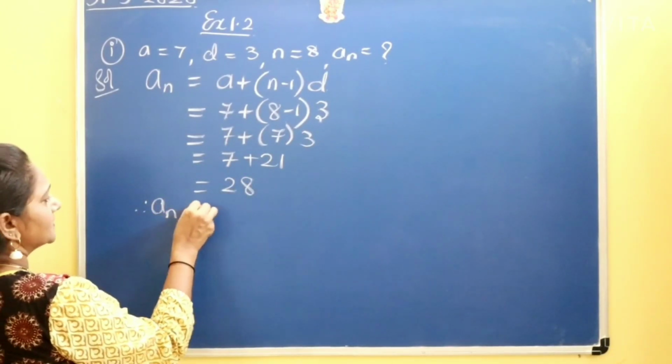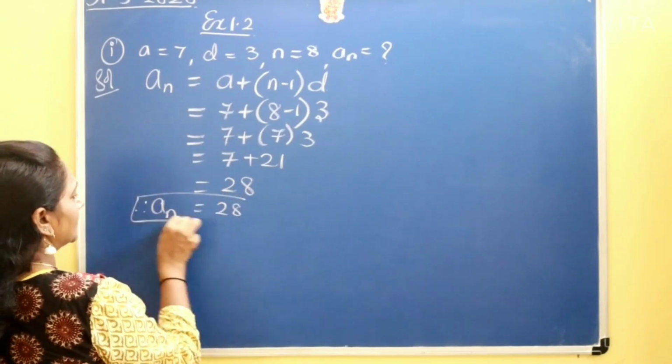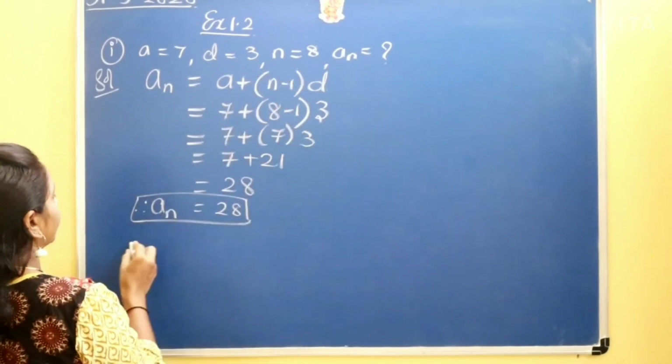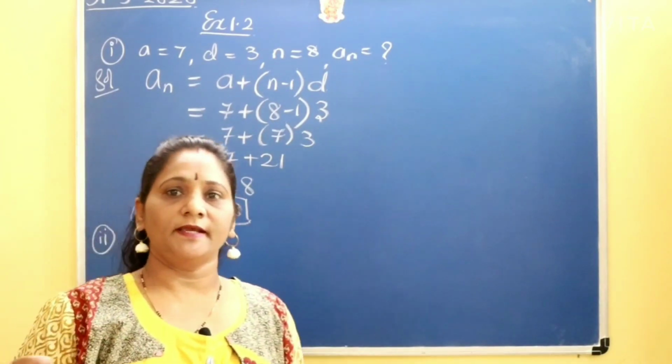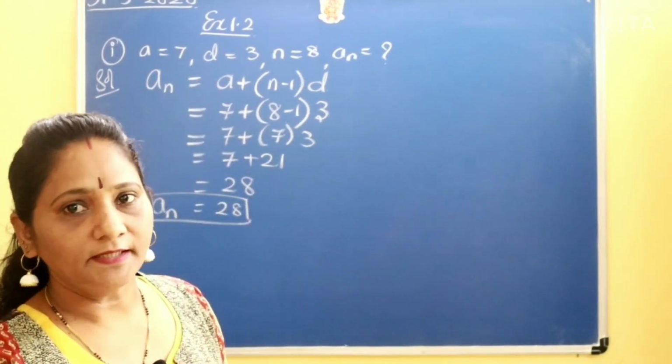Therefore, AN is equal to 28. You have to fill in that gap in the given table, AN is equal to 28.